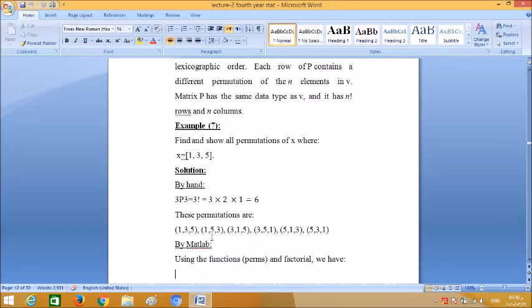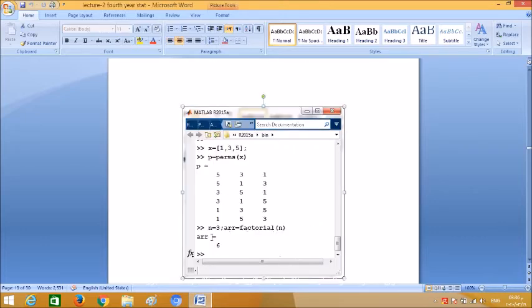Look at the solution within MATLAB. P equal perms x, and x equal 1, 3, 5. Look here, the first permutation is 5, 3, 1, then 5, 1, 3, and so on, and so on. We have 3 columns and 6 rows. 6 rows is the number of permutations.